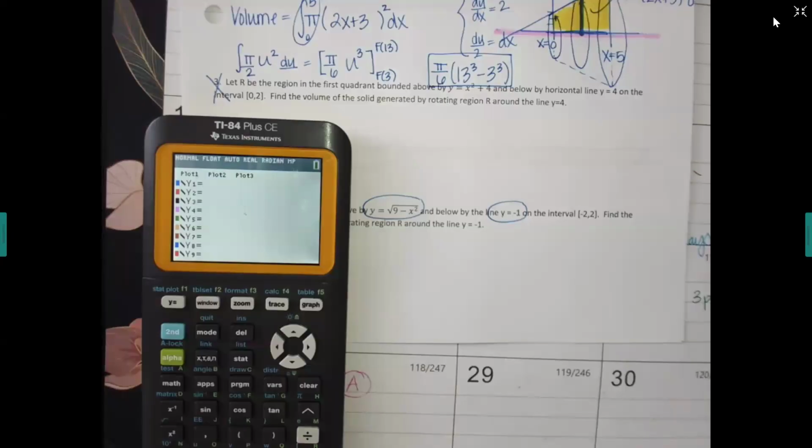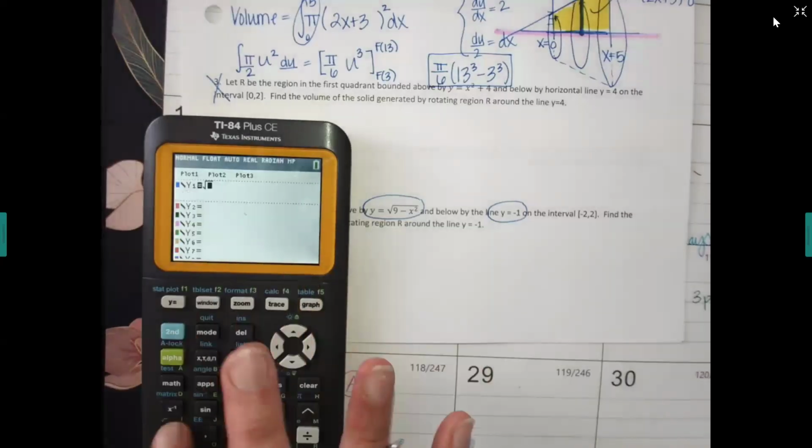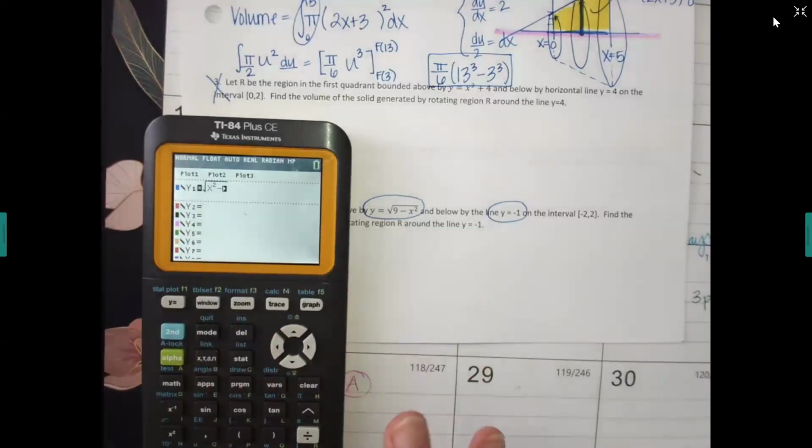Okay, then once you have it graphed, just sketch it on your picture and then shade where it's talking about. They don't touch.